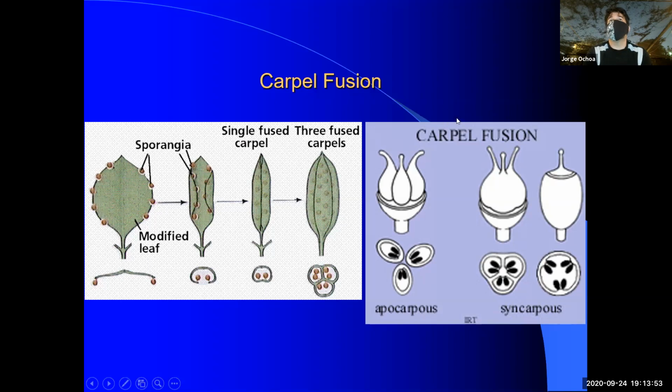So perhaps at one point there were several stigmas, each of them with their own carpel. Then it was one carpel with just a stigma, and then just one stigma for all the different carpels kind of fused together. So they say perhaps this is how many of those complex carpels started to work together and became a much more complex unit, more complex than just the plain pea pod.